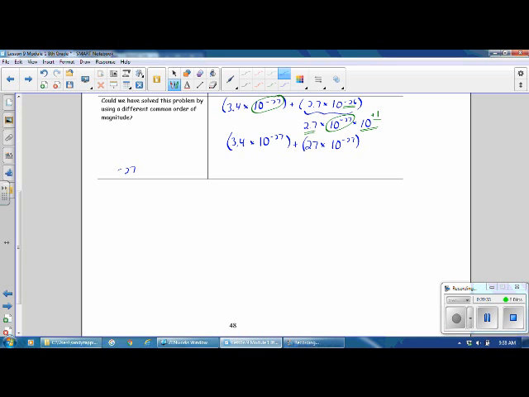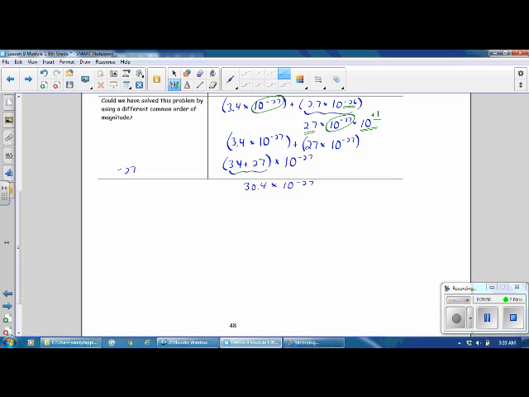Now that we have a common order of magnitude, we can rewrite this problem according to the distributive property as 3.4 plus 27 times 10 to the negative 27th power. Combining your decimals, that gives us 30.4 times 10 to the negative 27.